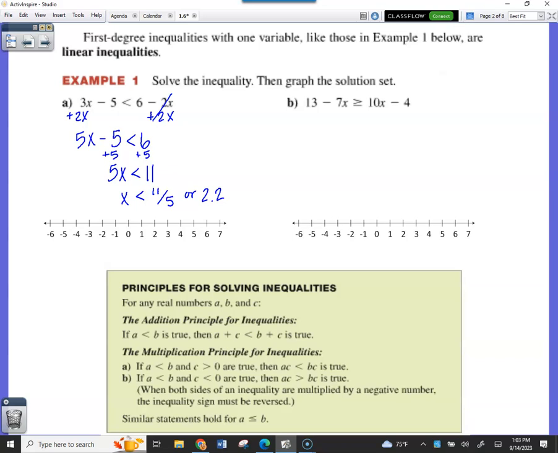Now it's telling us we need to shade less than 2.2. So find 2.2. You can either do an open circle or you can do a parentheses, and it is arbitrary. You're just drawing it between 2 and 3, and we're shading less than.